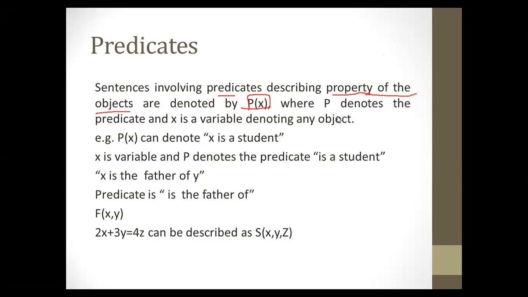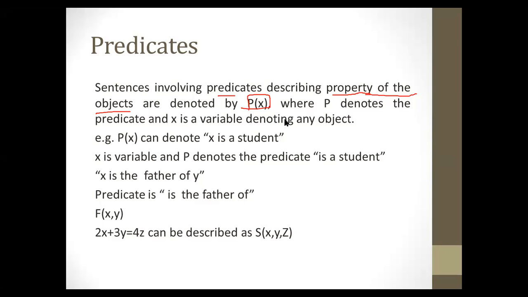Here P denotes the predicate and X is a variable denoting any object. Basically we don't call this P a verb, we call it a property, meaning the adjective, or that which describes the noun.